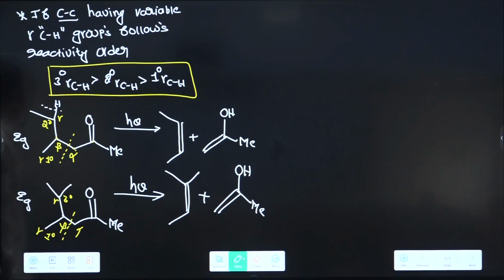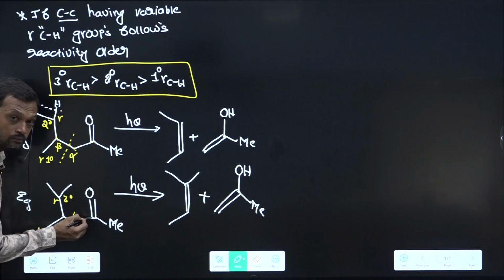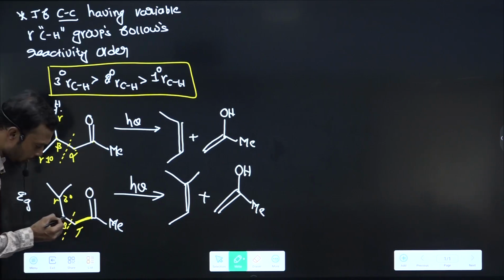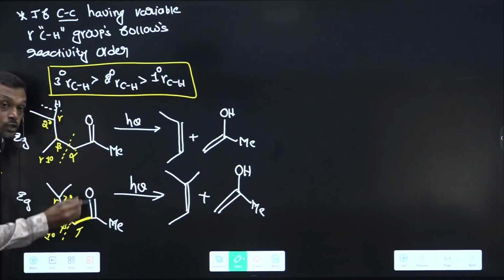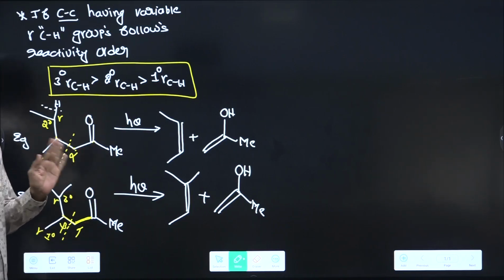When Norrish 2 is given, first you break the bond between alpha and beta. See, is this your first bond or not? Which bond are you breaking? Are you breaking the first bond or the second bond? That's why it is called Norrish 2. What is Norrish 1? The first bond you are breaking. You remember this, otherwise you won't know which is Norrish 1 and which is Norrish 2.